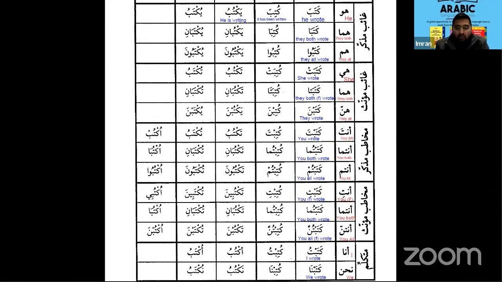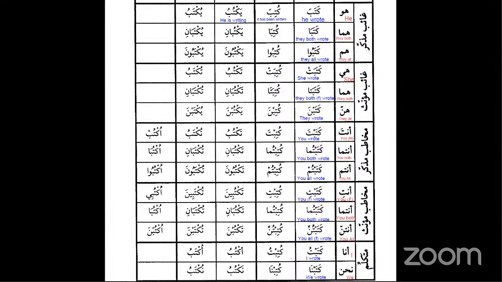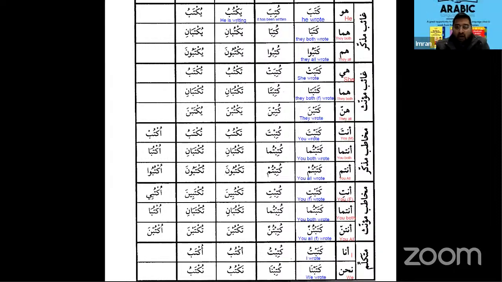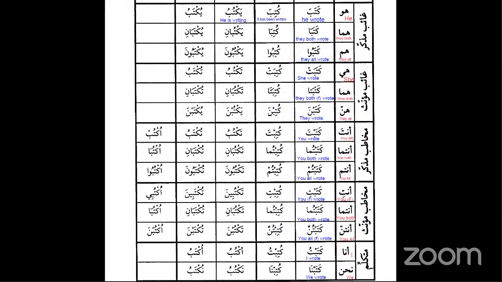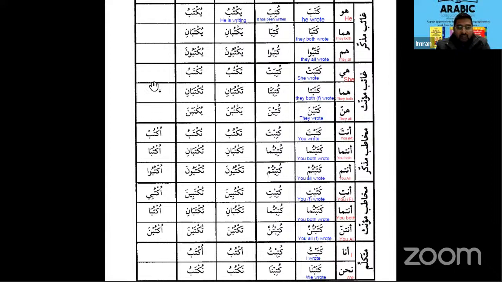First of all, how would you say I am writing? Ana aktubu. Excellent. How do you say we are writing? Nahnu naktubu. Excellent. So I'm going to explain to the class what I'm doing now with Sister Mansura. Rather than conjugating the 14 forms, now I'm testing her in a different method, using the English translation to recall back the Arabic.